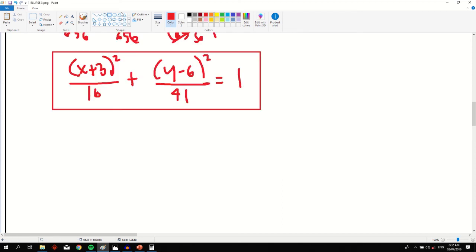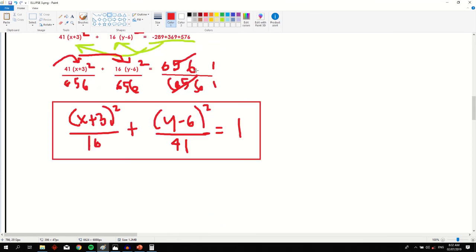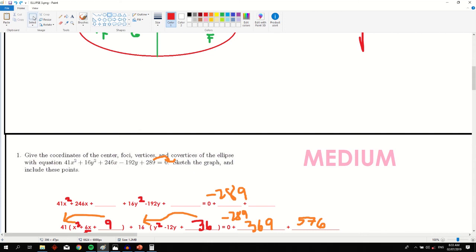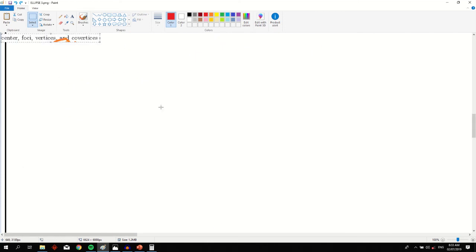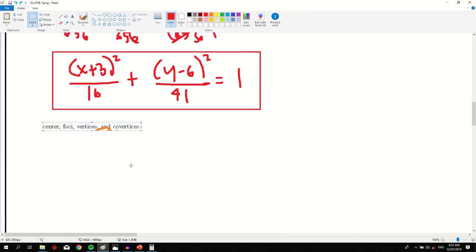We need to get the center, the foci, and the vertices.